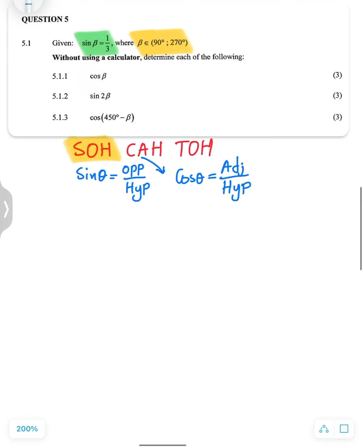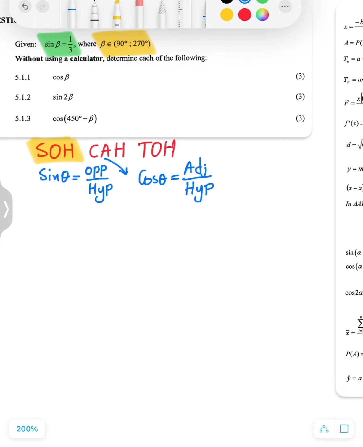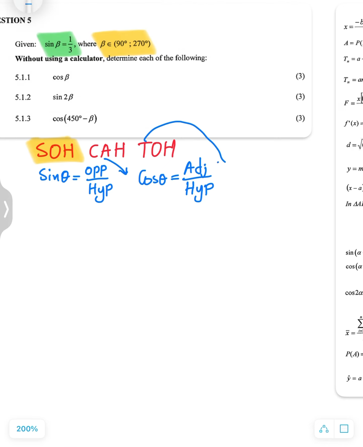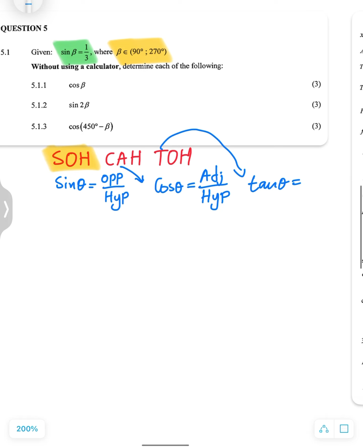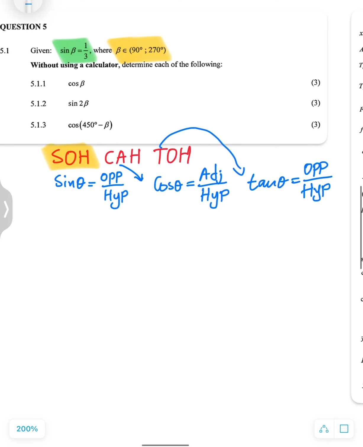And then lastly we have T. This T here stands for tan theta, and then O stands for opposite. That is a simplified way to remember how to use trigonometric ratios, okay?